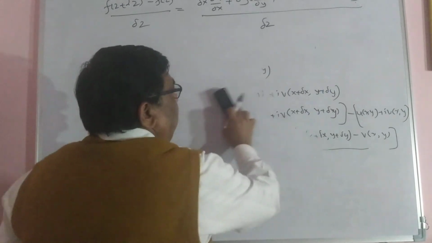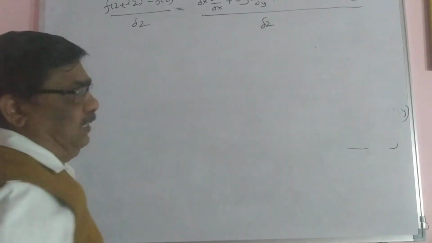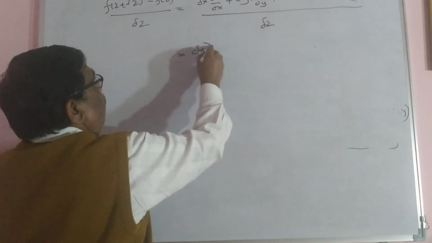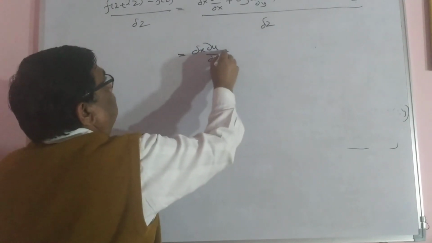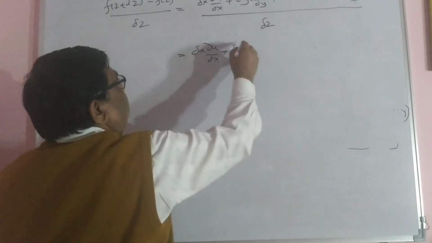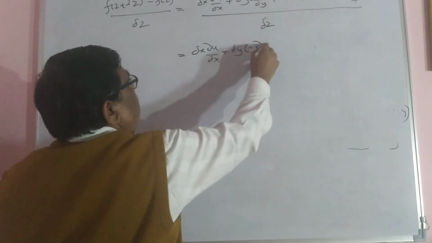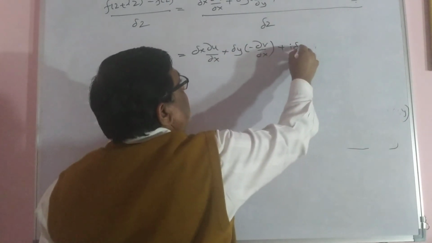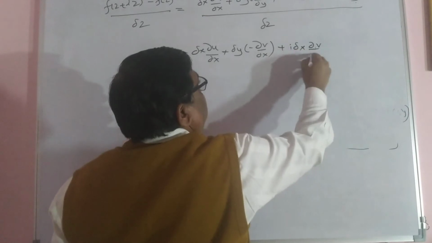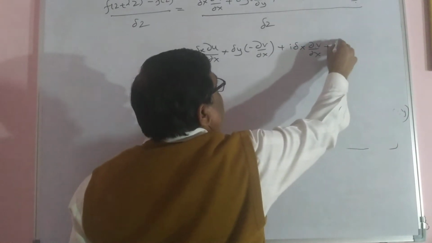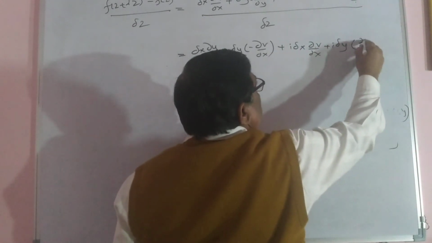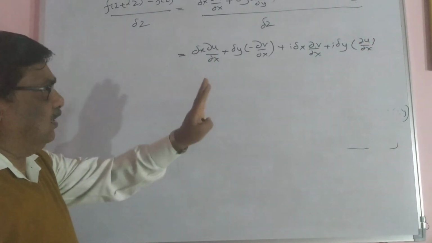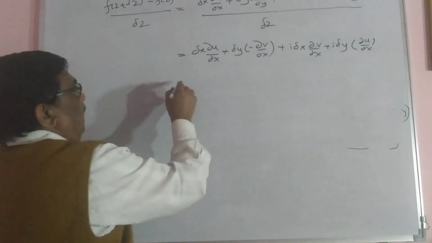Then by the CR equations, this is equal to delta x ∂u/∂x plus delta y times minus ∂v/∂x, plus i delta x ∂v/∂x, plus i delta y ∂u/∂x. Let me convert all the functions into partial derivatives with respect to x.